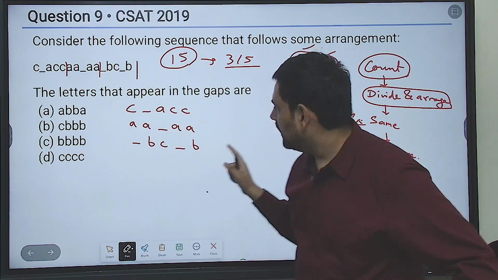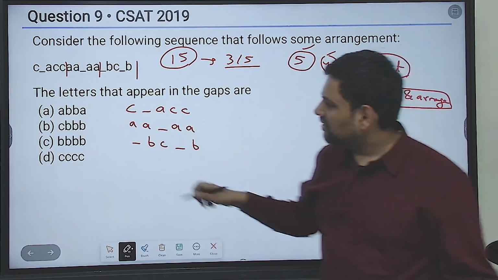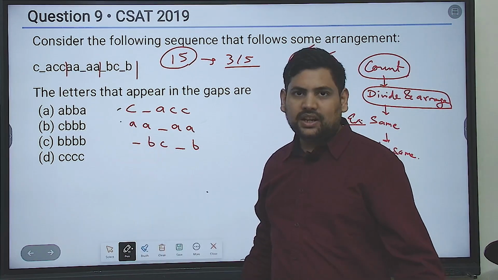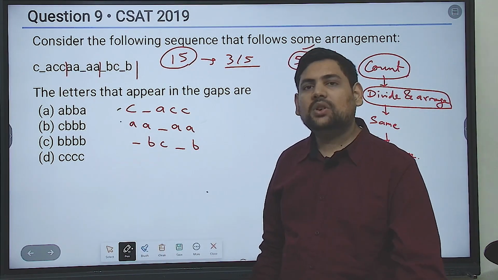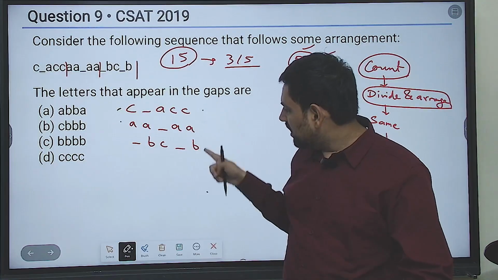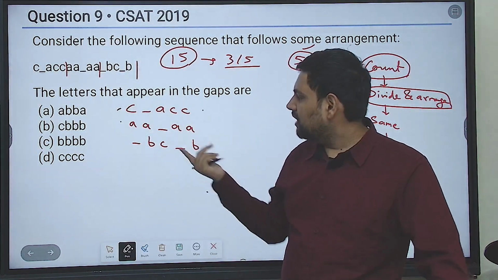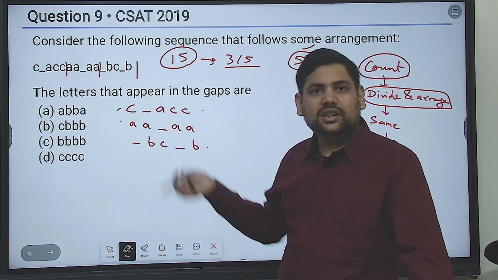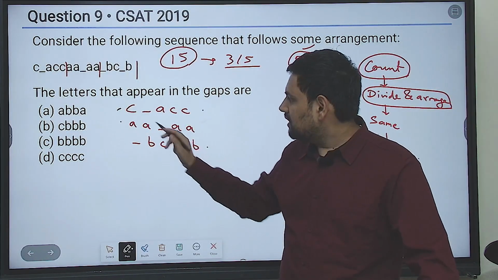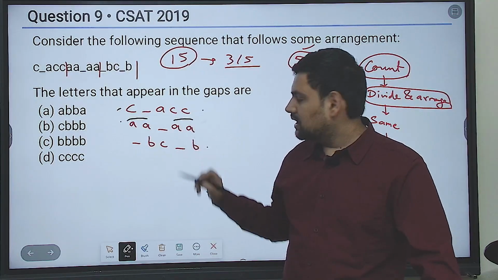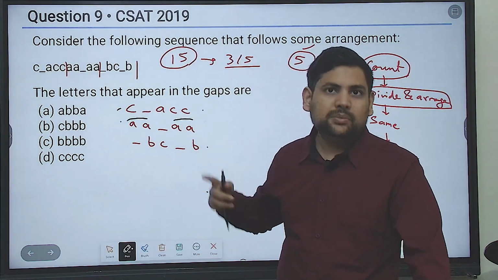Now, can you make them exactly same? No. You have C here, A here, you cannot make them exactly same. Can you make them alternatively same? No. C here, B here, this also cannot be done. Then can they be made of same letters in cyclic order? No.